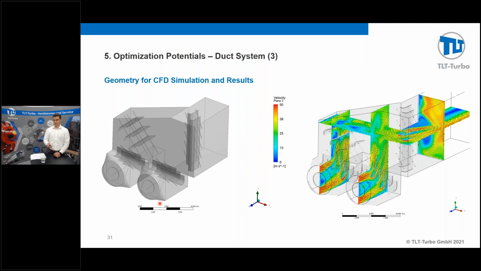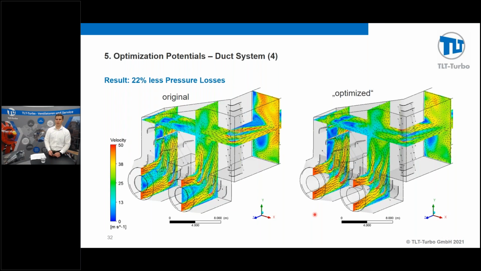And you see once again here some overspeeds and maybe flow separation, and it's not that perfect. And we were asked to optimize this ducting system. And now you see the difference between the original one on the left-hand side and the optimized one. It's still not perfect, I should say.